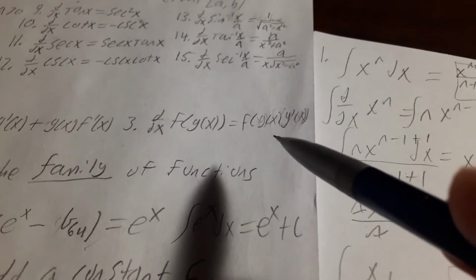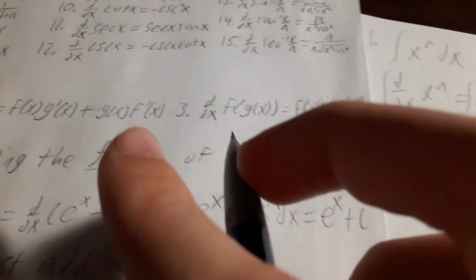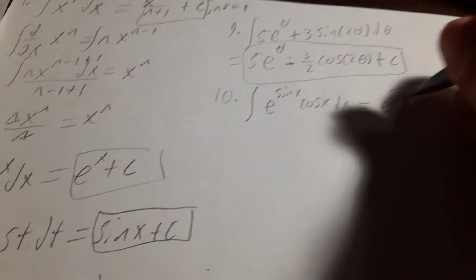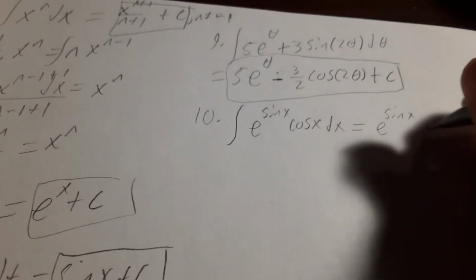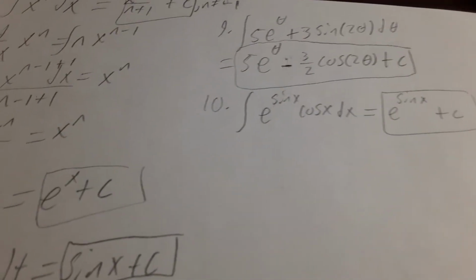So what we see here is f of g of x times g prime of x. That means its antiderivative is just f of g of x plus c. And our f is e to the something. That something is sin x, plus c. And yes, this will become very important once we learn U substitution.